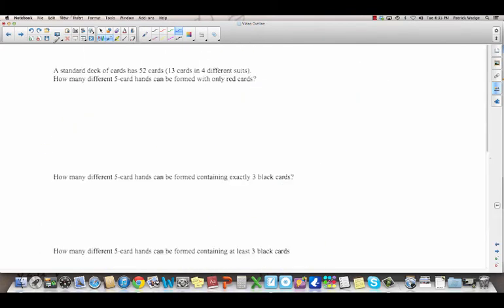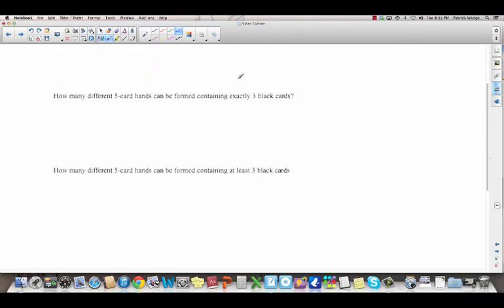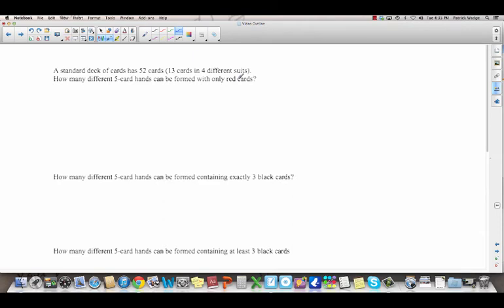Okay, a few harder ones with cards. Cards are very common. I think all of these are cards. If you don't know about a standard deck of cards, it has 52 cards in total, and there are 4 different suits. The suits are spades, clubs, hearts, and diamonds.